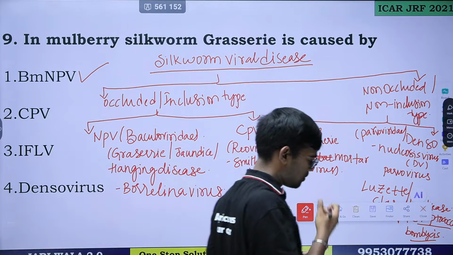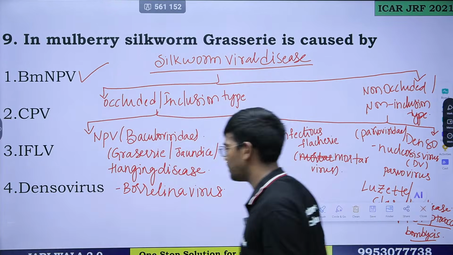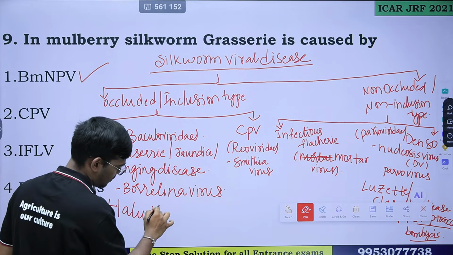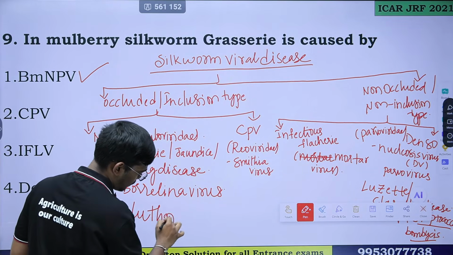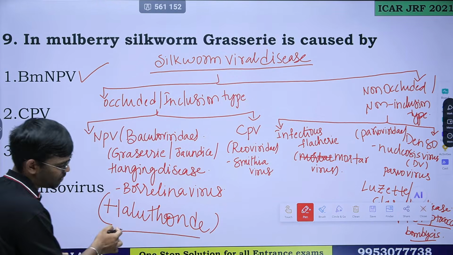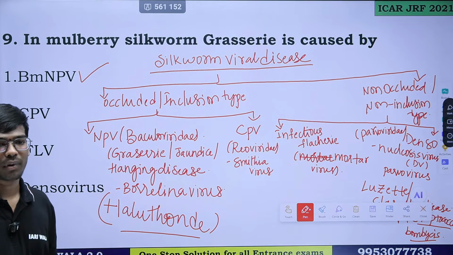And one more thing: NPV is also known as allothone, so this word you can say in the triple E.